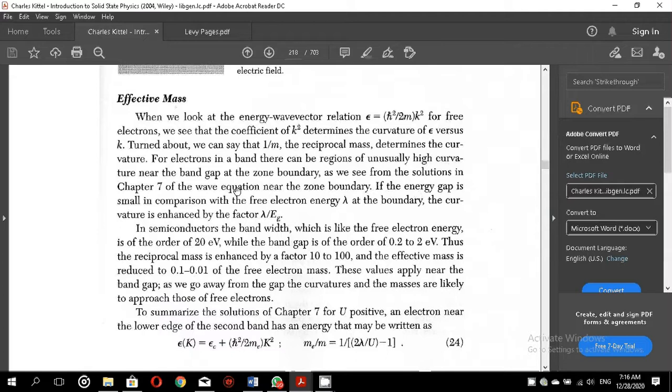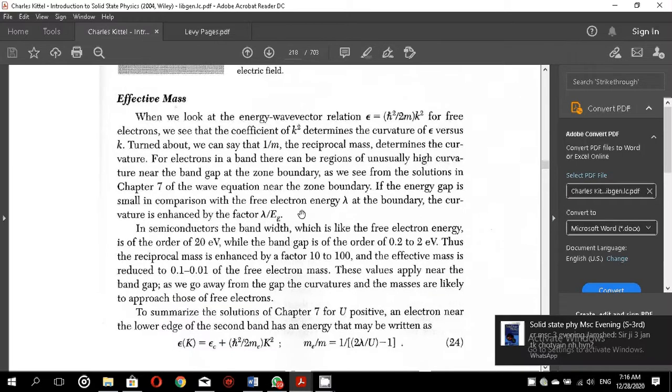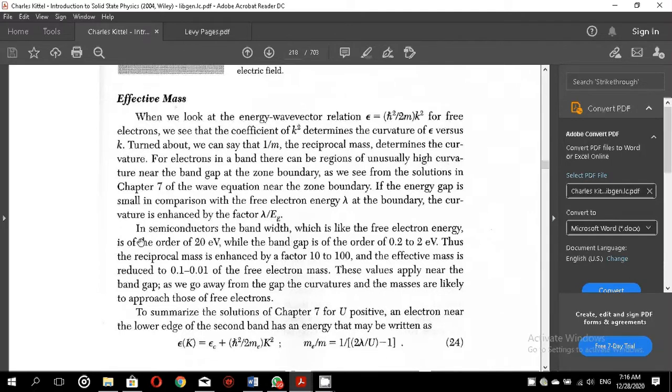If the energy gap is small in comparison with the free electron energy at the boundary, the curvature is enhanced by the factor lambda over Eg. In semiconductors, the bandwidth, which is like the free electron energy, is of the order of 20 electron volts, while the band gap is of the order of 0.2 to 2 electron volts.